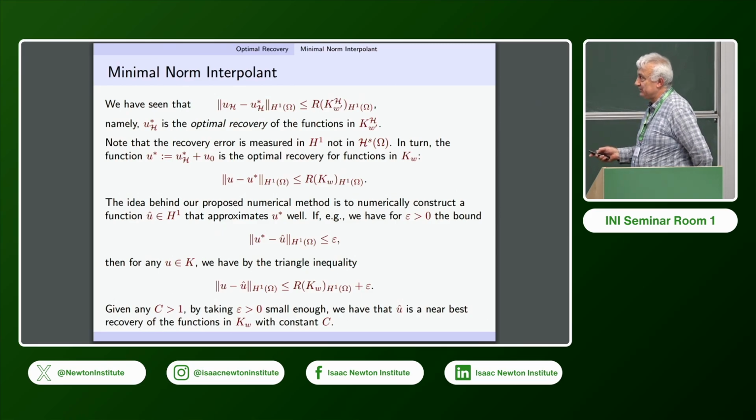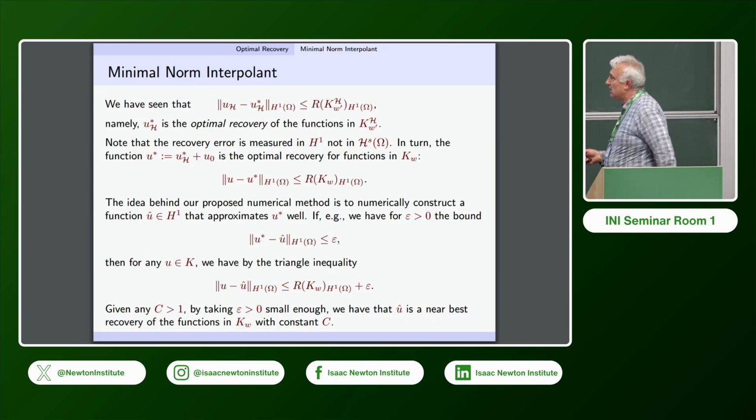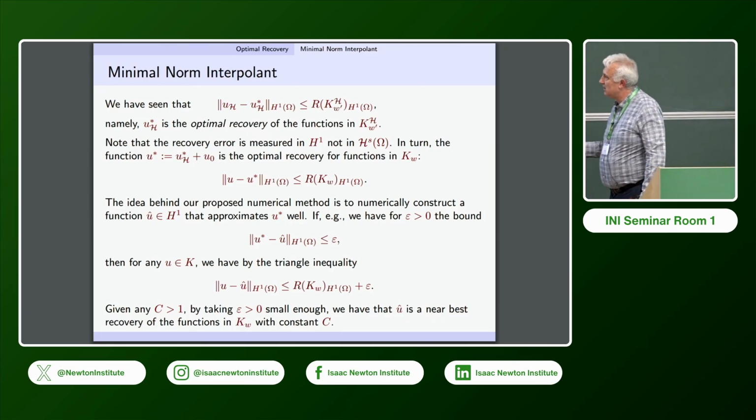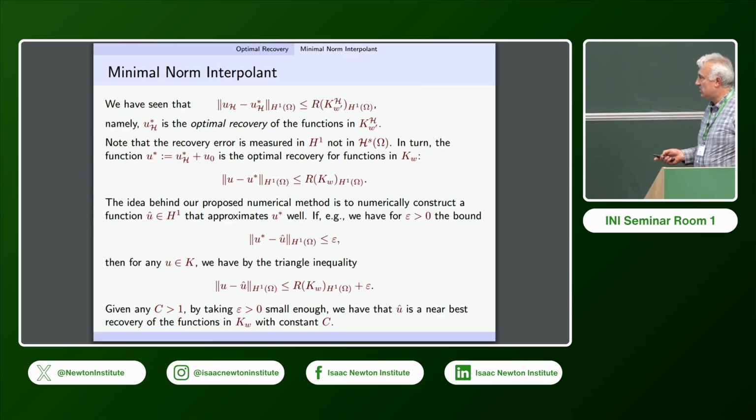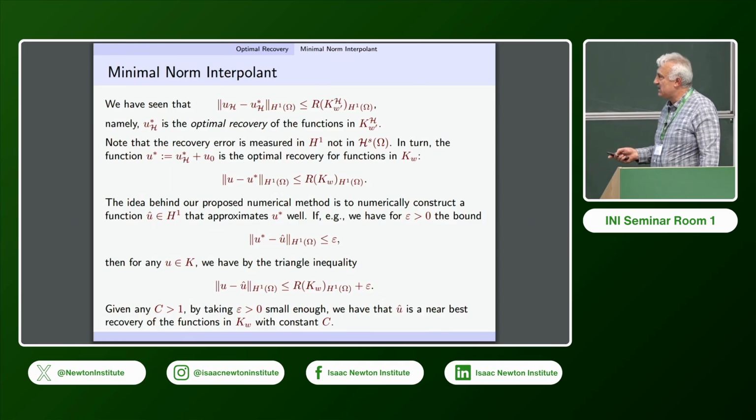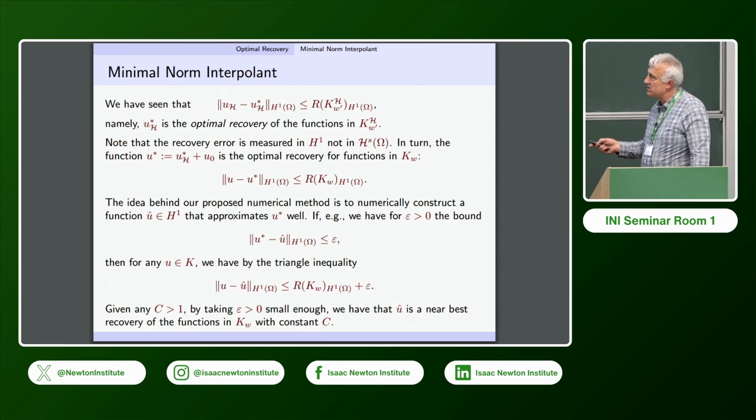And the optimal recovery, once we find this UH star, would be U star, which is UH star plus U0, and then we'll have this general estimate about the functional. So the idea, of course, is to find some approximation of this U star, because this is ideal.